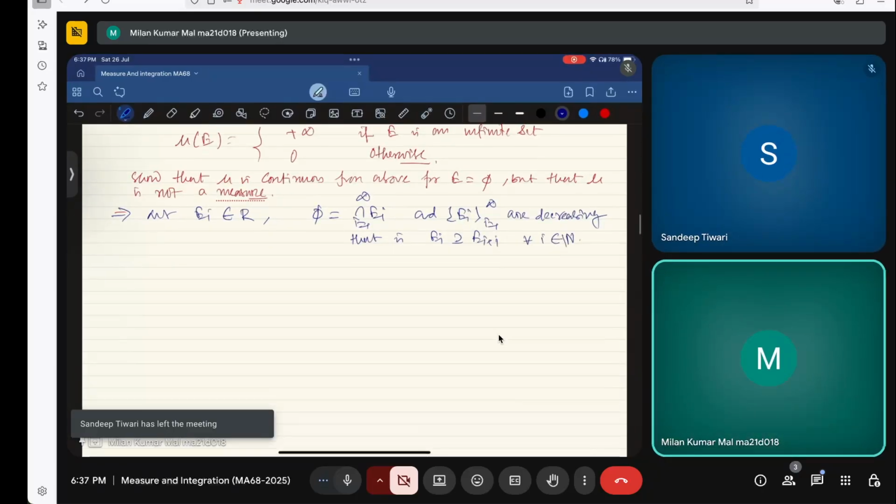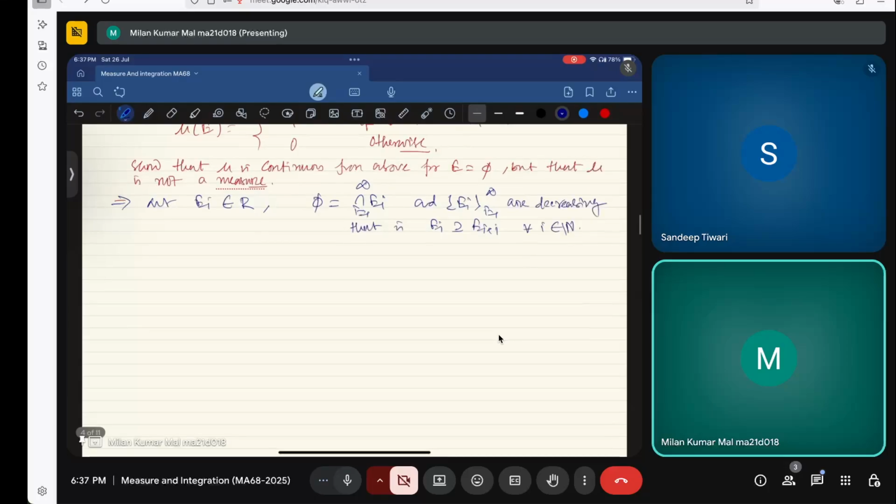Now, as the intersection is the empty set, I think here we have to use the Cantelli theorem somehow.